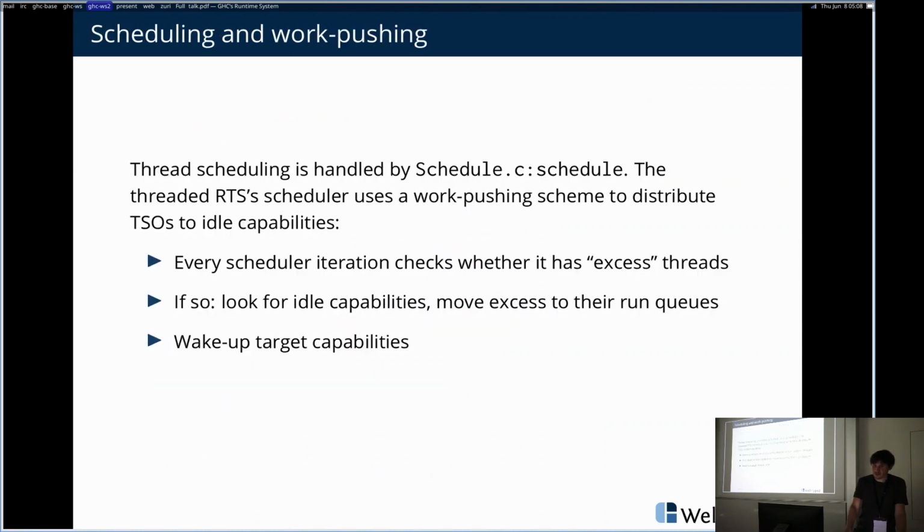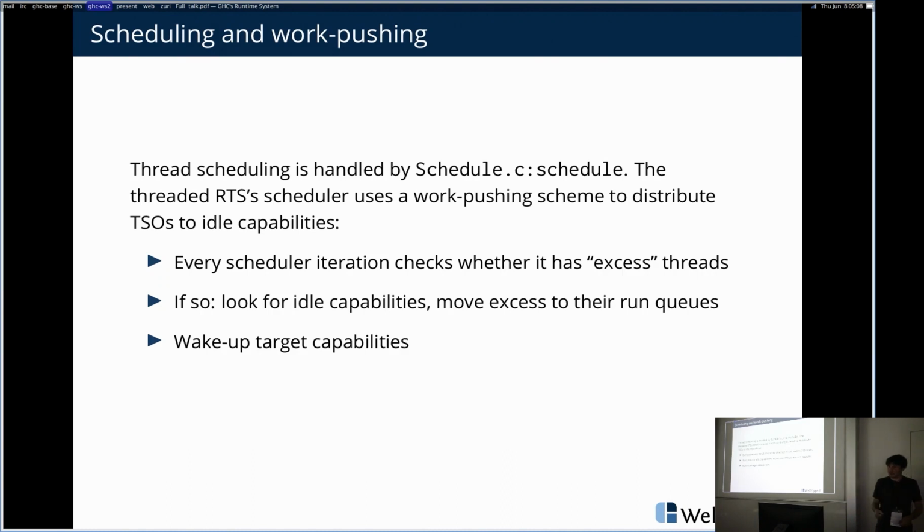As I mentioned earlier, the scheduler does have some mechanism for work pushing, right? If a capability finds that it has a surplus of threads, more than one, for instance, in its run queue, then it will, in the scheduler, look for other capabilities that have a dearth, a lack of threads, and will claim those capabilities because they must be idle, right?